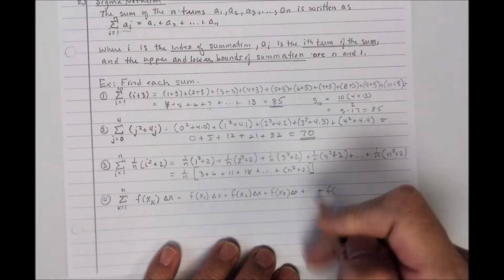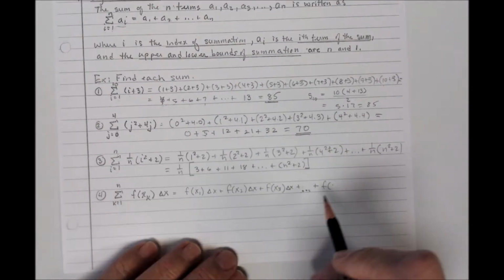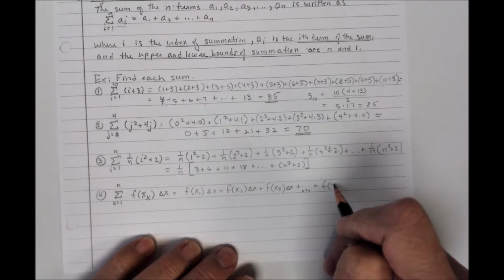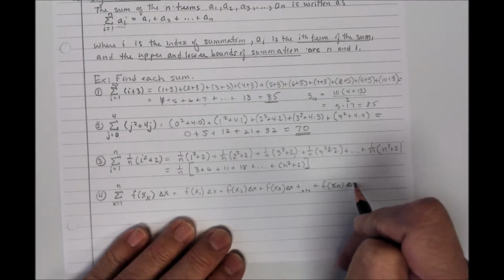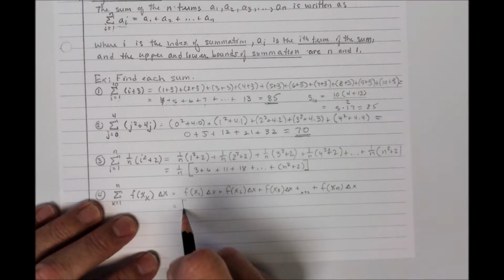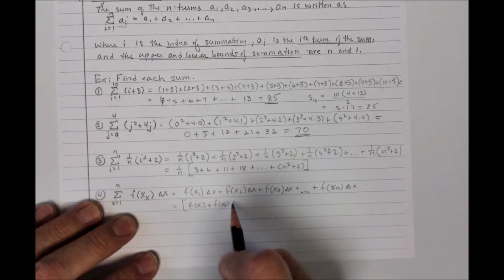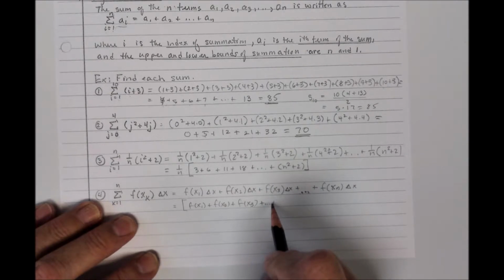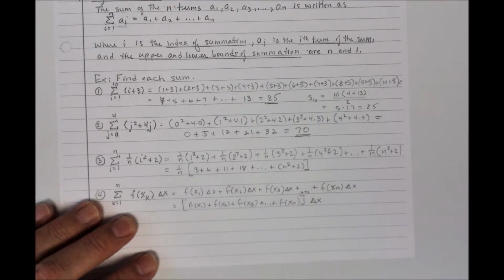The 3 dots actually go down here below. Okay, if you put them in the middle, I can live with that, but that's where they belong. And this would be f of x sub n times delta x. And again, I could factor out the delta x there if I chose to. f of x sub 1 plus f of x sub 2 plus f of x sub 3 and so on plus f of x sub n, times delta x. That looks kind of cool.